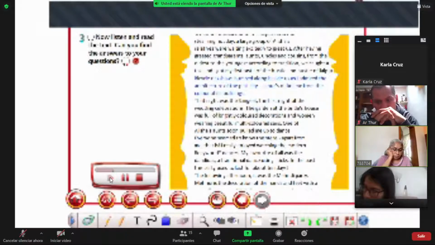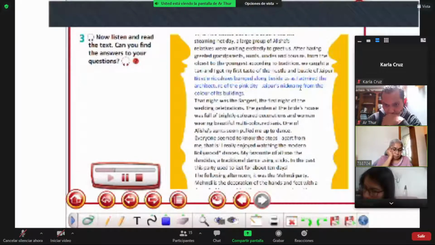Bicycle rickshaws bumped along beside us as I admired the architecture of the Pink City, Jaipur's nickname from the colour of its buildings. That night was the Sangeet, the first night of the wedding celebrations.